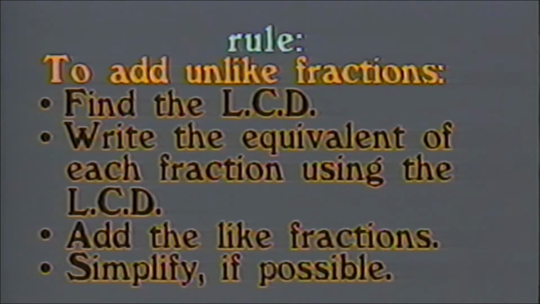Write the equivalent of each fraction using the LCD. Add the like fractions. Then simplify if possible. I'd like to know more about how to find the lowest common denominator. Let's try a few more examples. Then we'll give the rule.